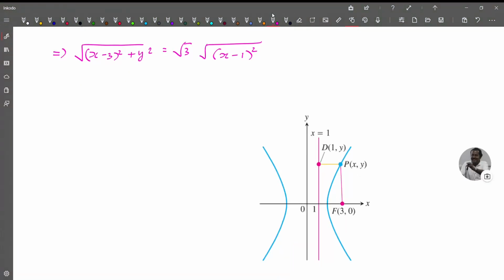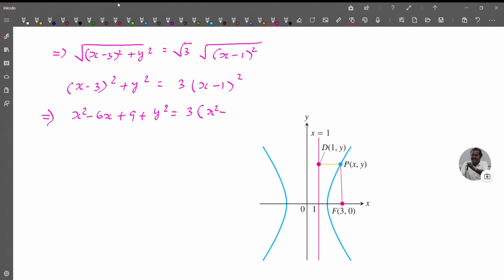Squaring on both sides, we will get (x minus 3) the whole square plus y square equal to 3 into (x minus 1) the whole square. So this implies x square minus 6x plus 9 plus y square equal to 3 into (x square minus 2x plus 1).